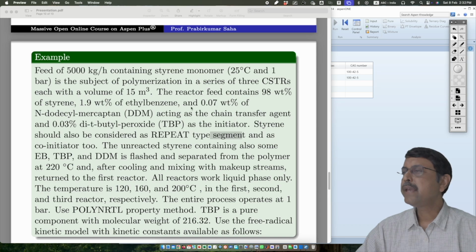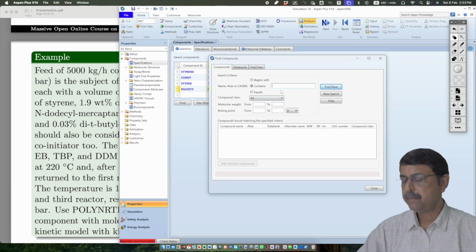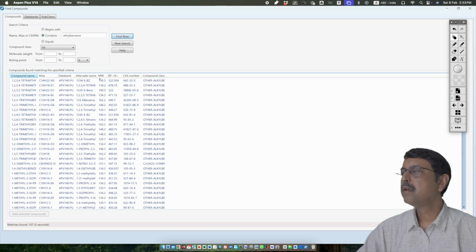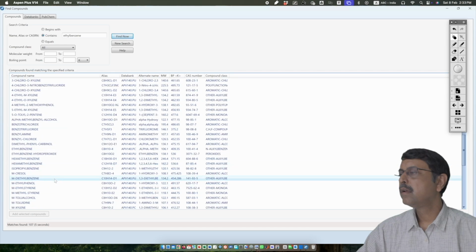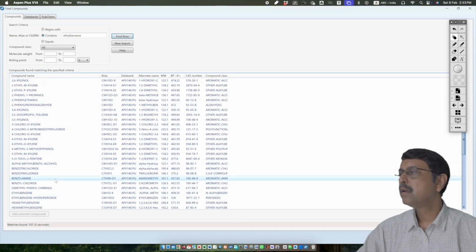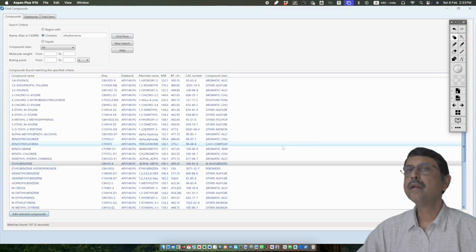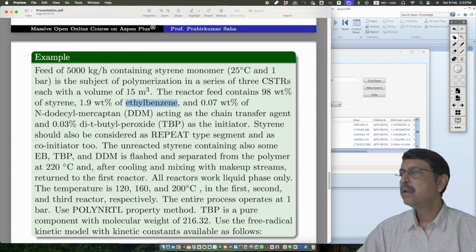What are the other things we have? We have ethyl benzene. So let us find that ethyl benzene. Here it is. Then we have N-dodecyl mercaptan.